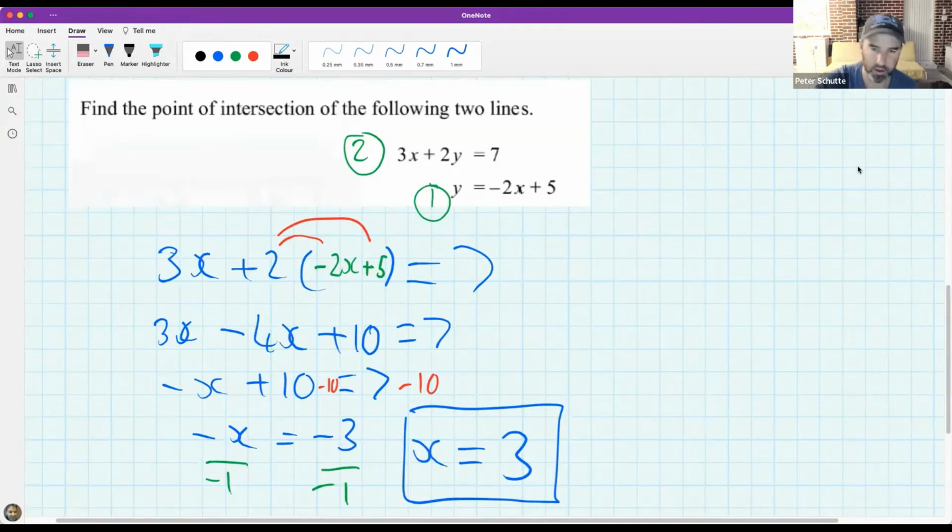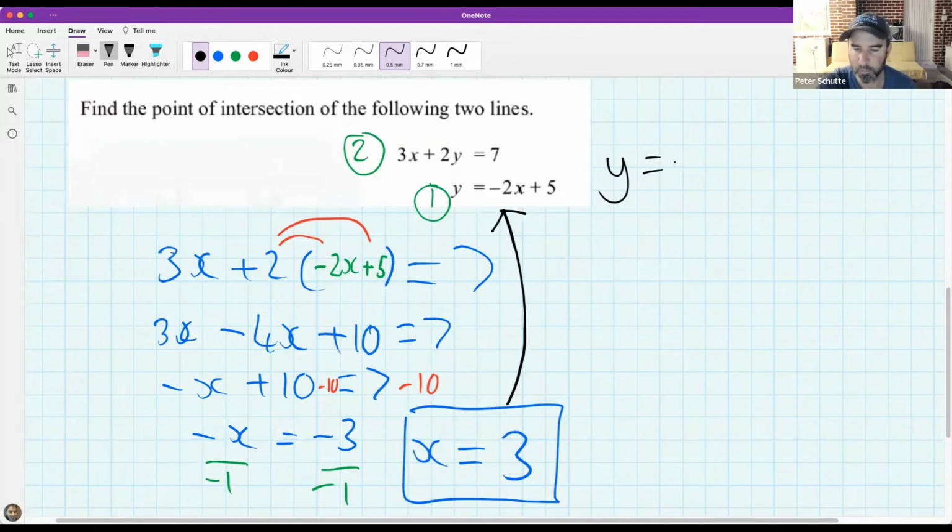Hi, sir. So the way I got y, since I have the answer for x, I just used the second formula, y equals minus 2x plus 5, because it's an easier way to find y. I just substituted the 3 into the x, and that's how I got my answer.